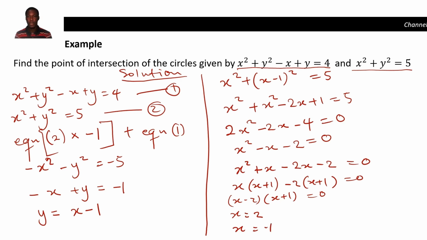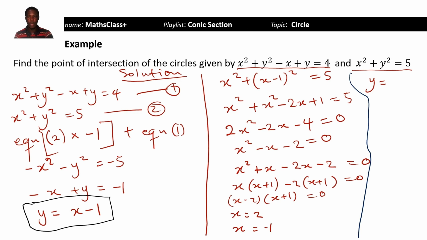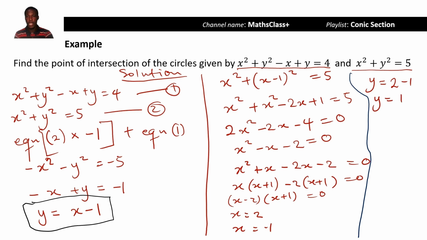Okay, so taking that, if x is 2, then y will be equal to, from the expression y is equal to x minus 1, 2 minus 1, and y will be equal to 1, giving me the point 2, 1.